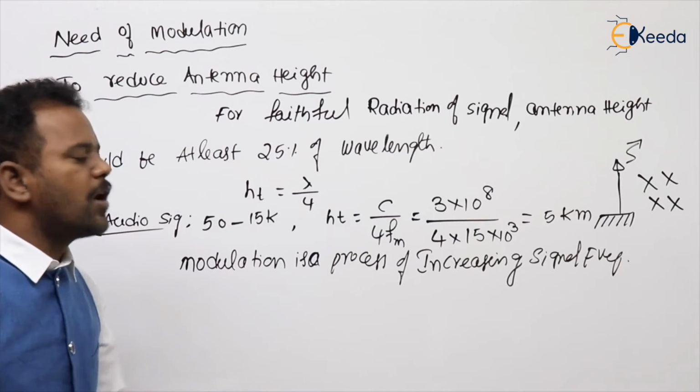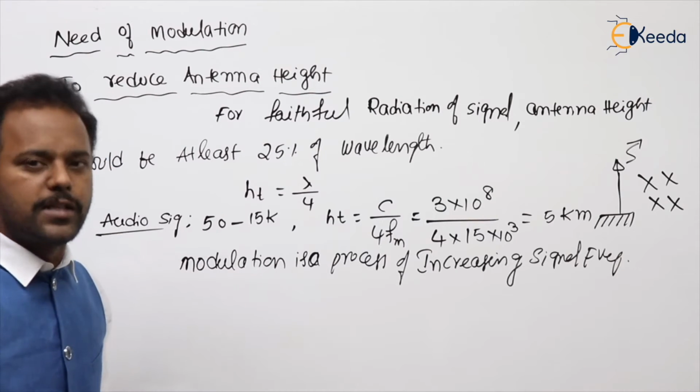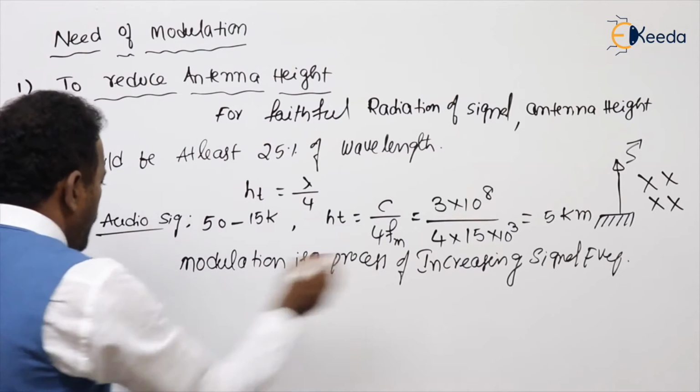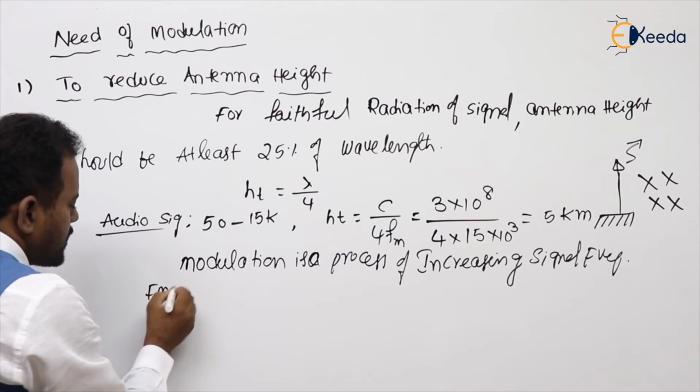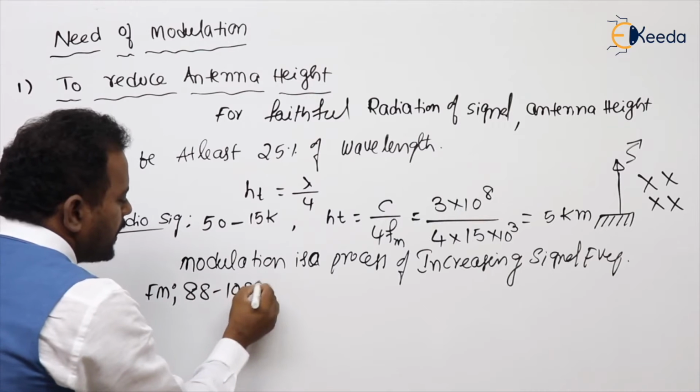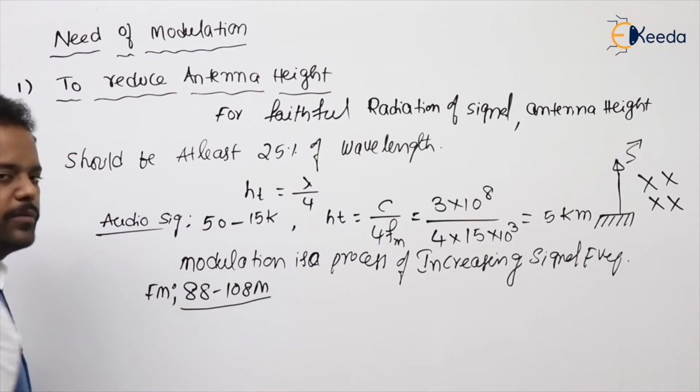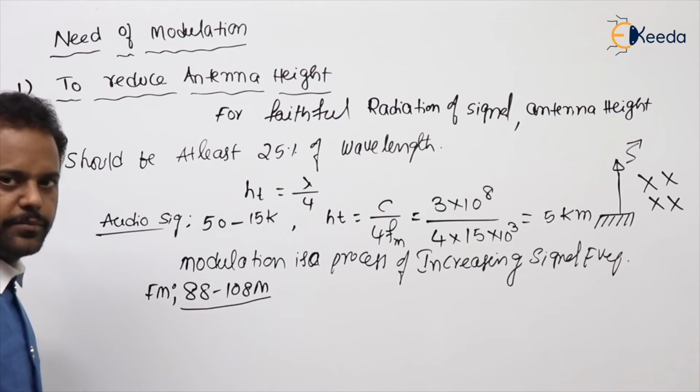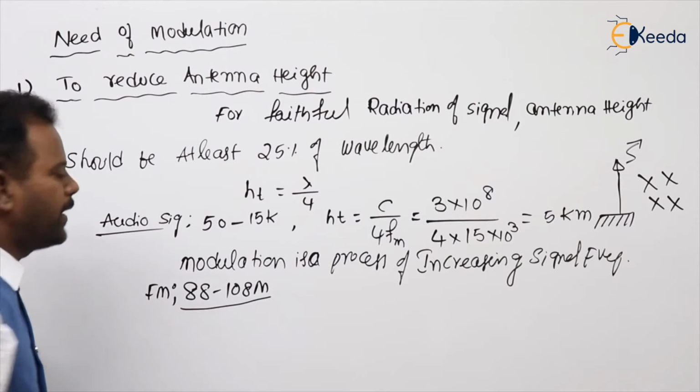Modulation is a process of increasing the signal frequency. Now, what are the carriers we are using in FM? In FM, 88 to 108 megahertz. This is the FM frequency all over the world. Are you getting my point?